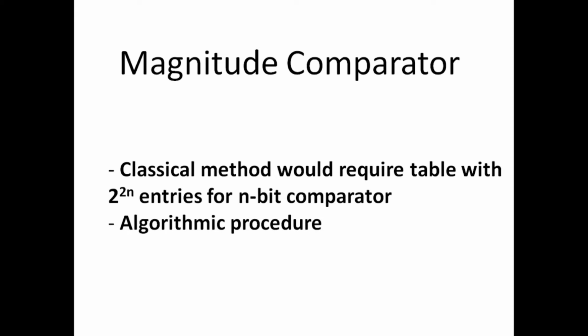If we use the classical method, then for an n-bit comparator design, we must have 2 raised to power 2n entries. Let's suppose we want to design a 4-bit magnitude comparator, then that would mean that the magnitude comparator would take two numbers, and each number is 4 bits.